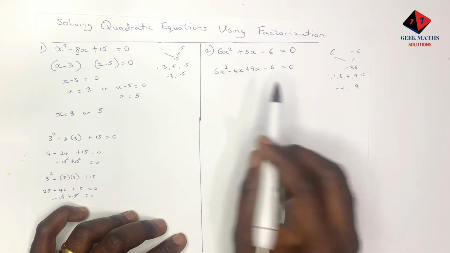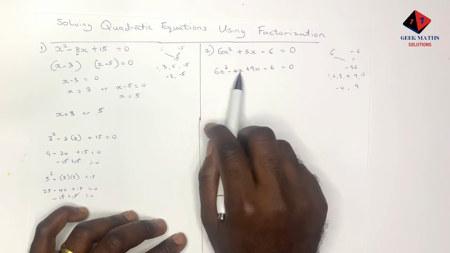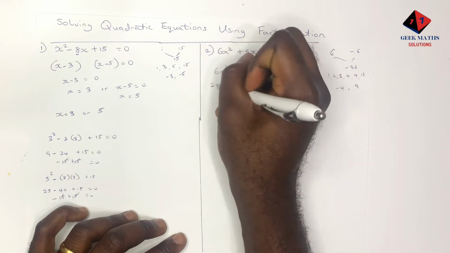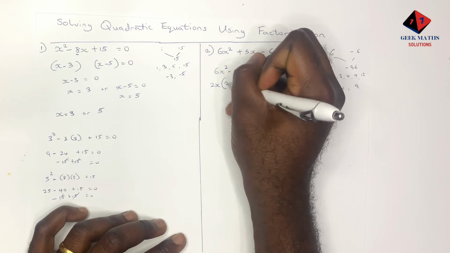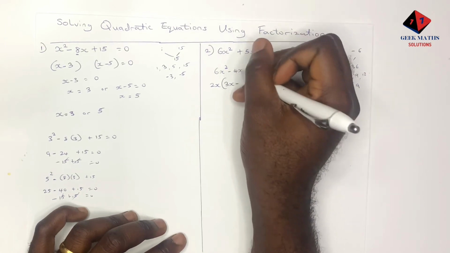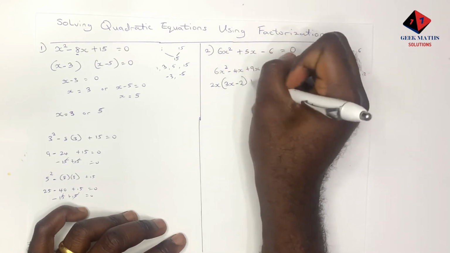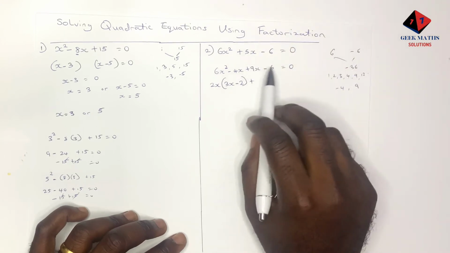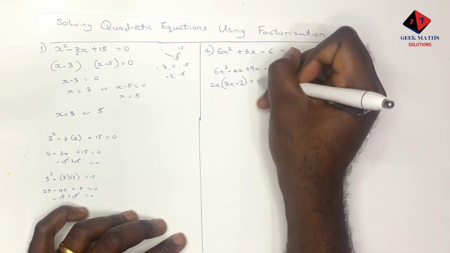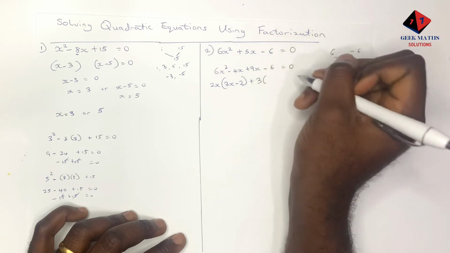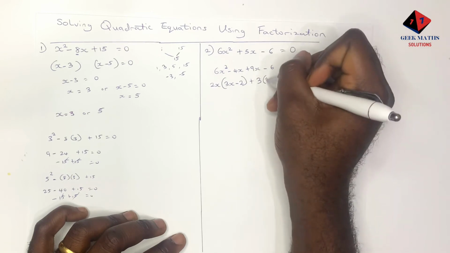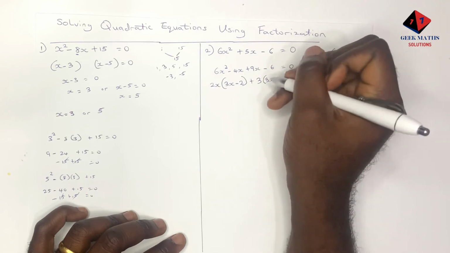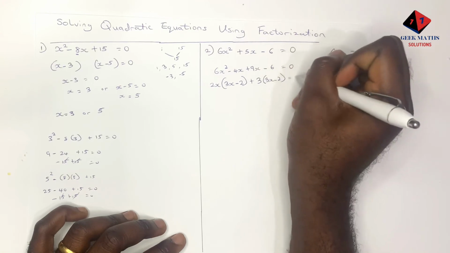To factorize this, between 6x squared and 4x, what they have in common is 2x. So 6x squared divided by 2x, we get 3x, minus 4x divided by 2x, we get 2, plus, and 9x and 6, what they have in common is 3. 9x divided by 3 is 3x, and minus 6 divided by 3 is minus 2, is equal to 0.